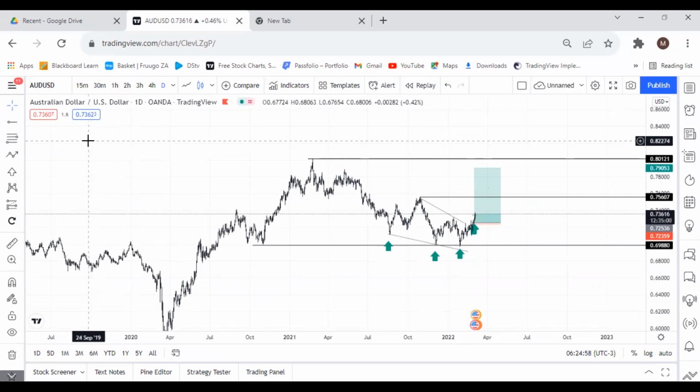Australian dollar, which is from Australia, obviously, it has deep ties with the EU, but the EU is its third largest trade partner.